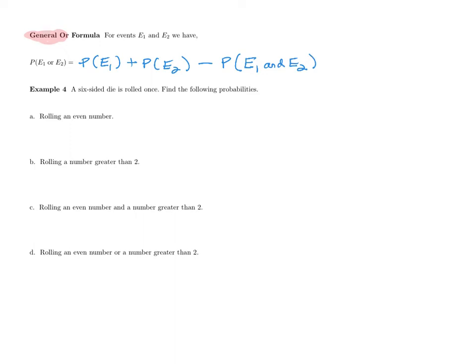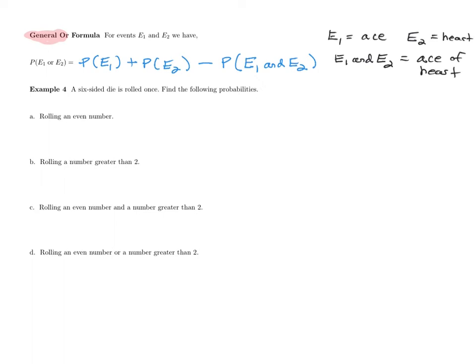In the example we just looked at, E1 was being dealt an ace, and E2 was being dealt a heart. How can you be dealt an ace and a heart at the same time? Well, that's if you're dealt the ace of hearts.